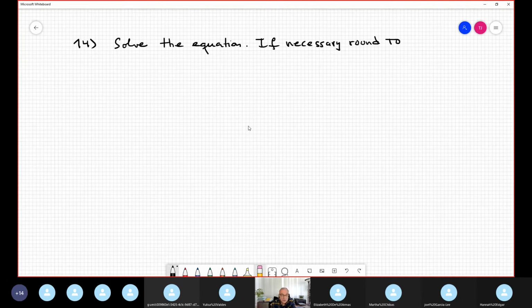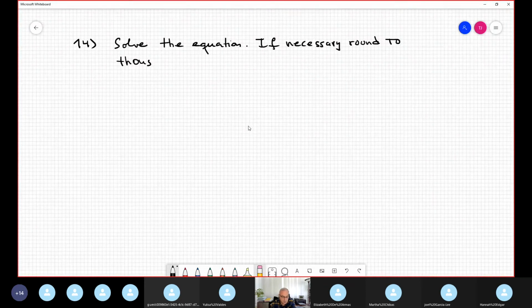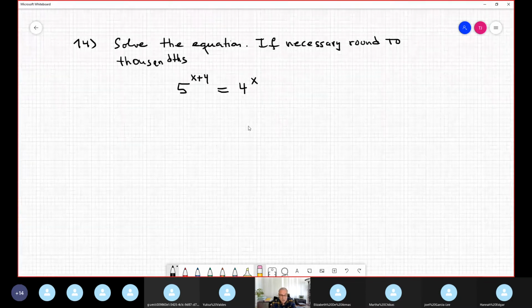What is the reason? Well, the reason is that in this case I know that for solving this equation, 5 to the x plus 4 equal 4 to the x, for solving this equation, we cannot, never, express both sides using a common base.